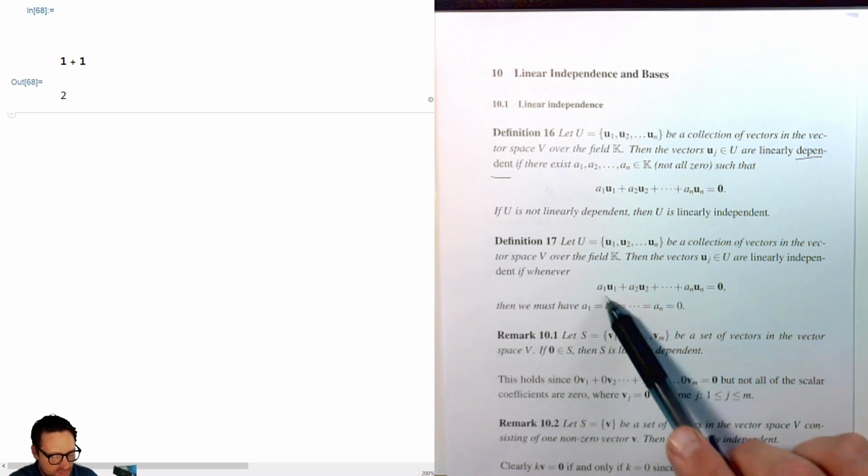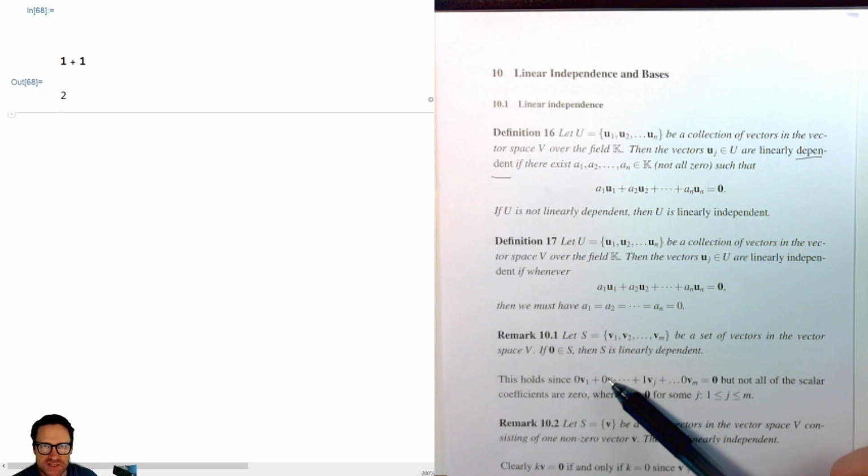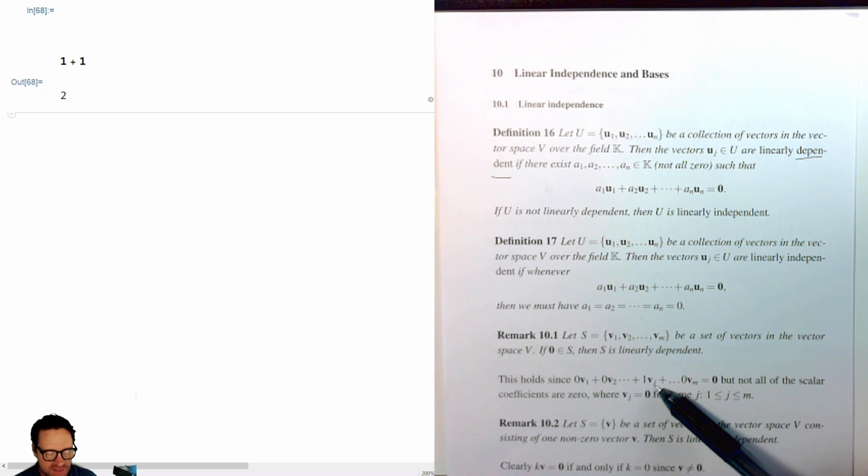Then when we set up this equation, 0 times V1 plus 0 times V2 and so on, plus 1 times the one that was the zero vector, plus 0 times all of the other vectors added together, this gives us the zero vector, but not all of the scalars had to be 0.